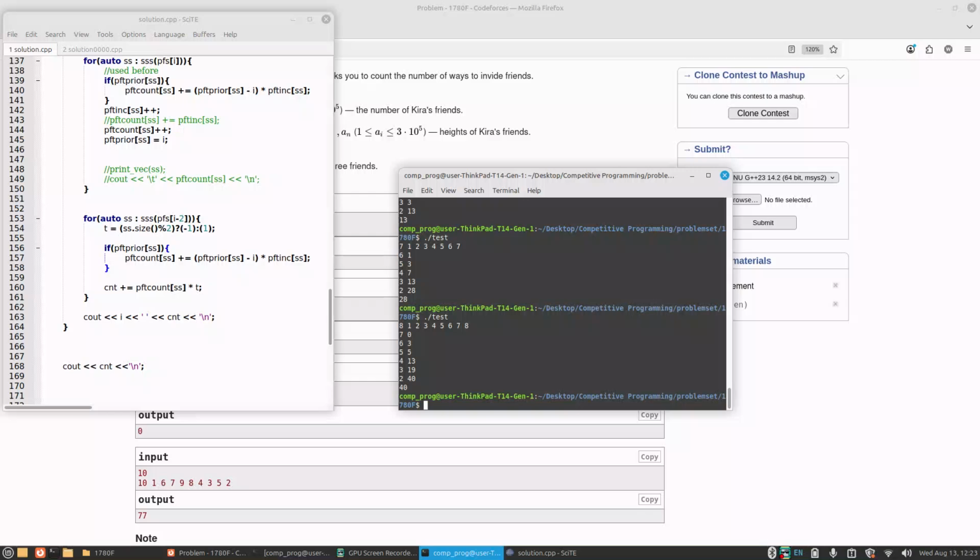Yep. 3, we have 1 plus 3 plus 4. For 2, we have 2 plus 4. Yep, that's right. 9.